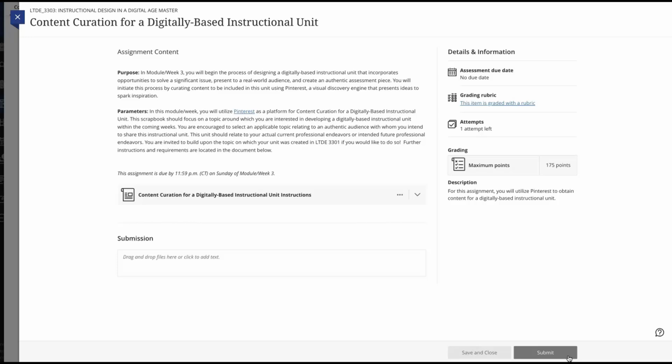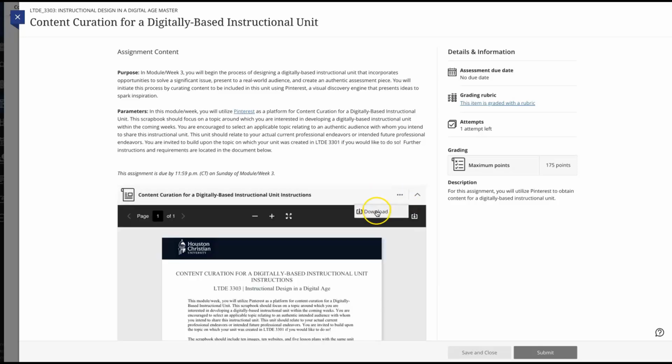Whether you want to go into higher education or you want to focus on other educational endeavors, think about the audience you intend to work with and think about a topic that would be applicable to that audience. If you would like, you are invited to build upon the topic on which your unit was created in LTDE 3301.